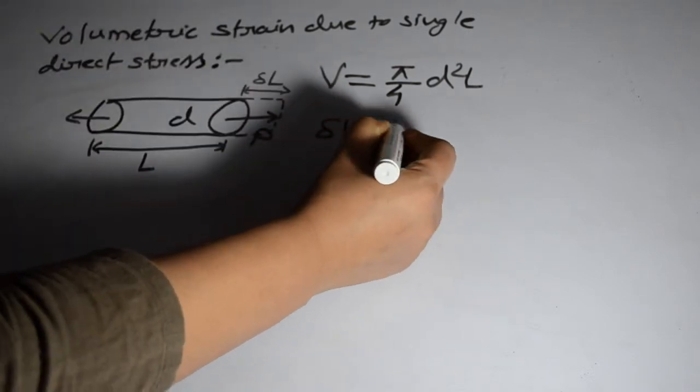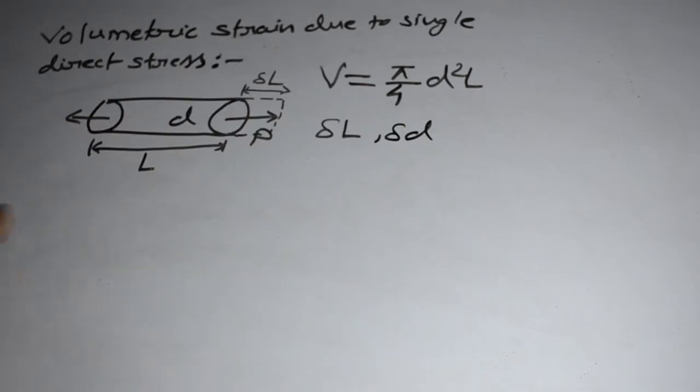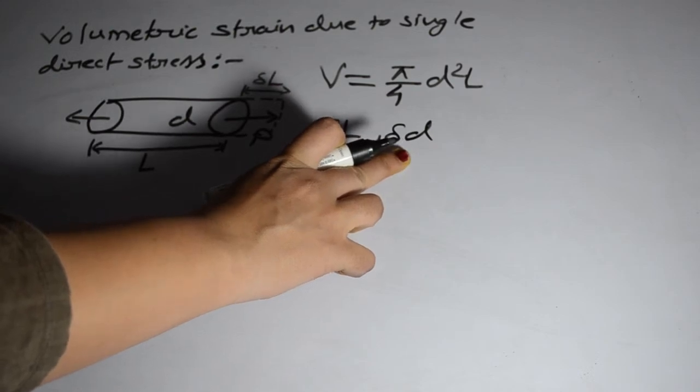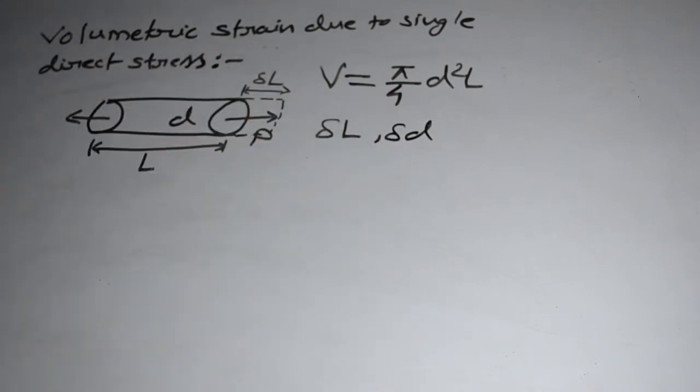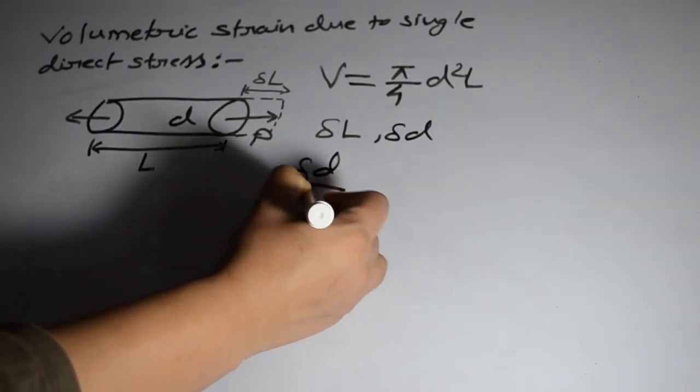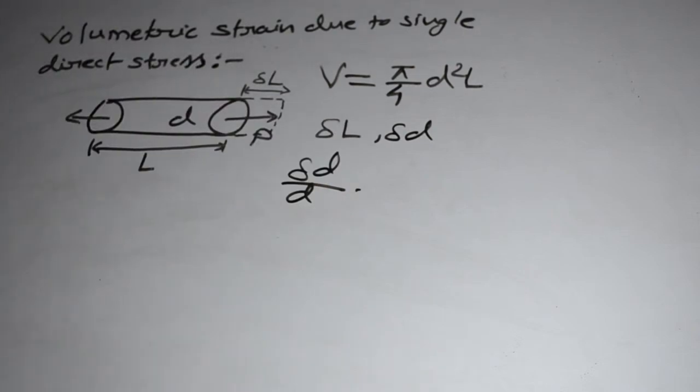Let the change in diameter of the bar be delta D. The diameter is changing in the lateral direction, so the strain produced by this change in diameter will be the lateral strain. So here the lateral strain will be delta D by D.